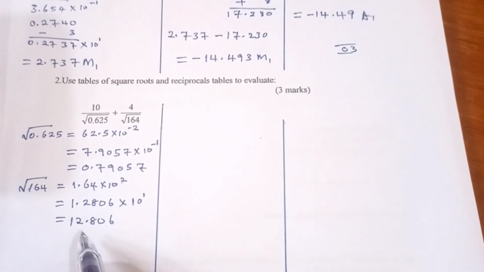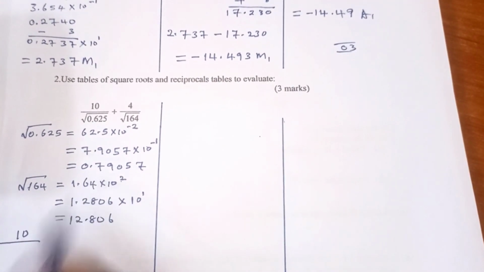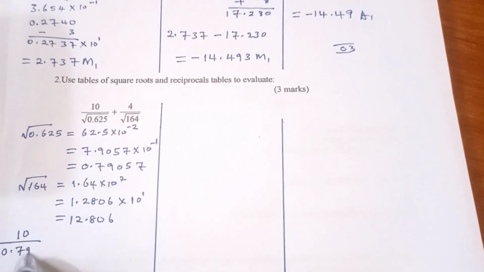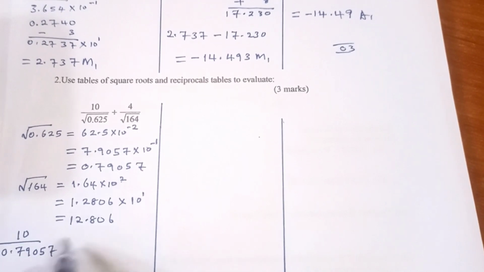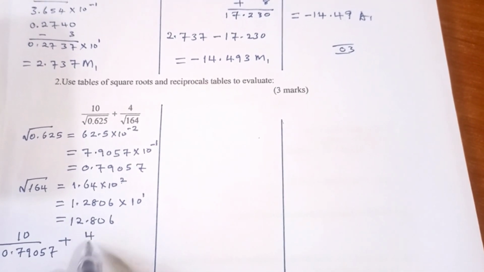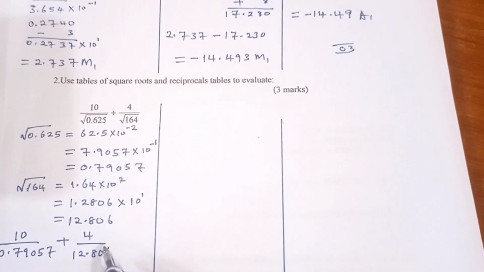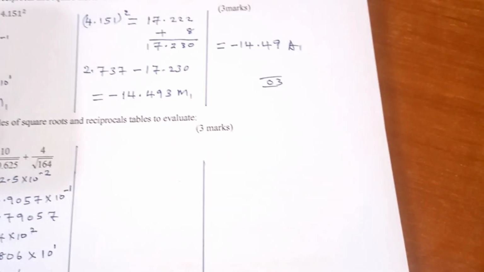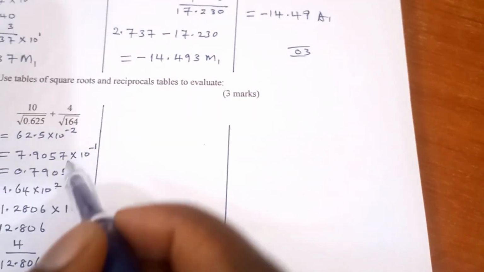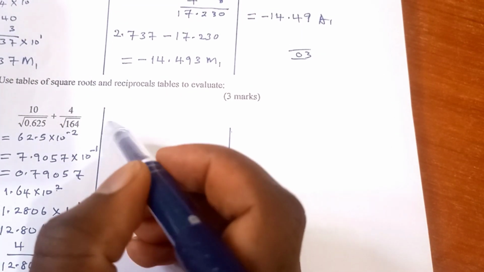So therefore we will have 10 divided by 0.79057. We add 4 divided by 12.806. We are now going to find the reciprocal of the two numbers and then multiply by 10 and 4 respectively.